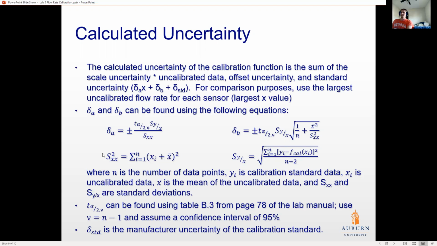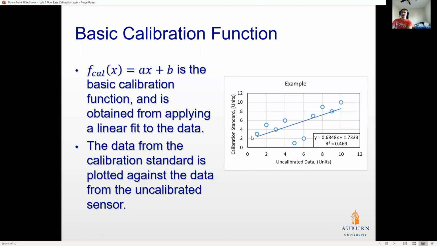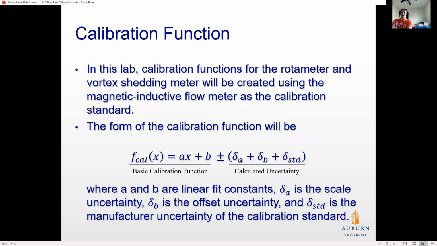You're going to use these to find del A and del B, and they go into this part of your overall calibration equation. For the rotometer, you should have one of these, and for the vortex shedding meter, you will have one of these.